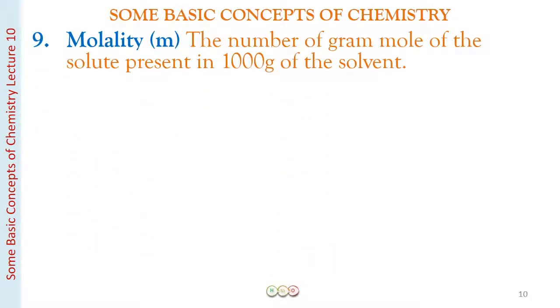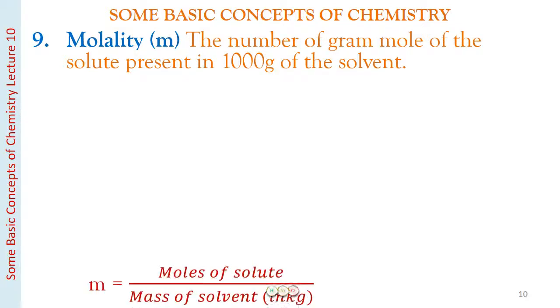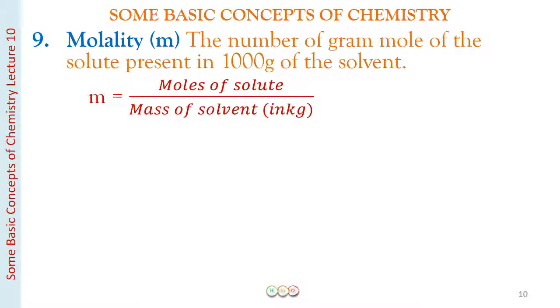Next we have molality, the number of gram moles of the solute present in 1000 grams of the solvent or 1 kg of the solvent. So the small m denoting molality is equal to the moles of the solute divided by mass of the solvent in kilograms.